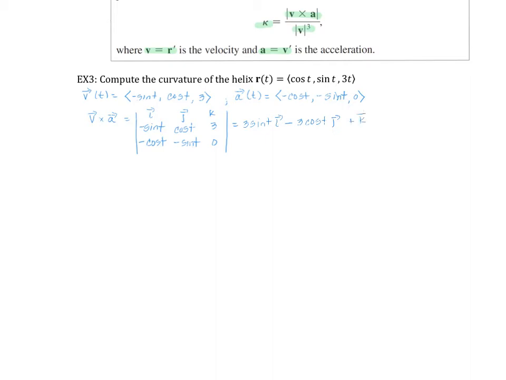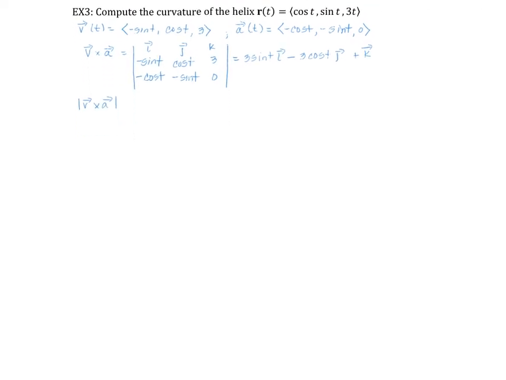So now I need the magnitude of this cross product, which would be the magnitude of this vector. Let's see if I can make this long enough.